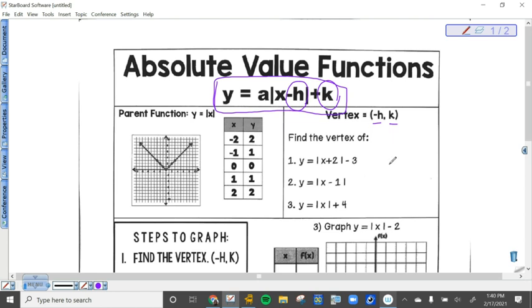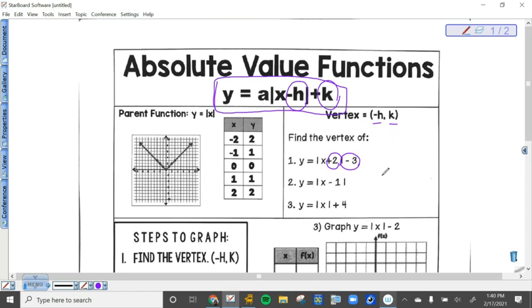Where is h showing up? 2. And then where's k? 3.